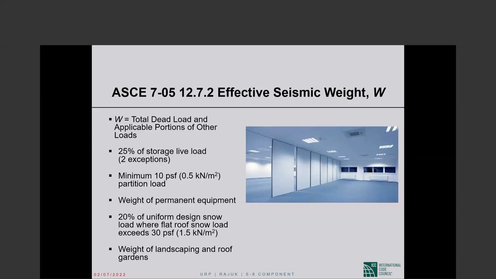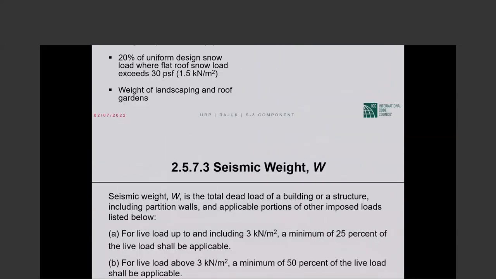Minimum 10 pounds per square foot partition load, if we go for lighter partitions. Weight of permanent equipment. 20% of uniform design snow load, where flat roof snow load exceeds the threshold. That is a very important component, but not for you, so let me not spend time here. And then weight of landscaping and roof gardens. So if you have a garden on your roof, the weight of that has to be included in the seismic weight.